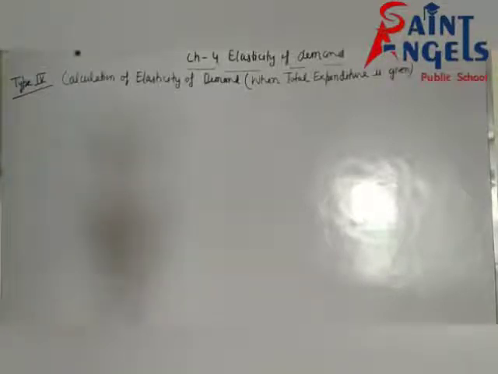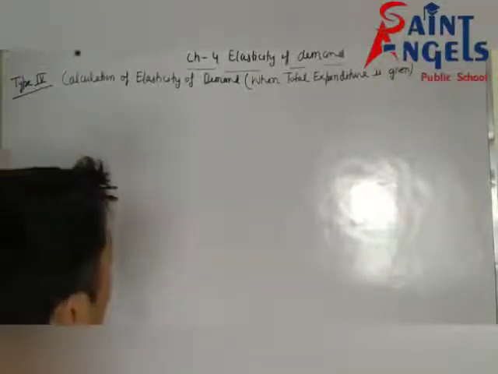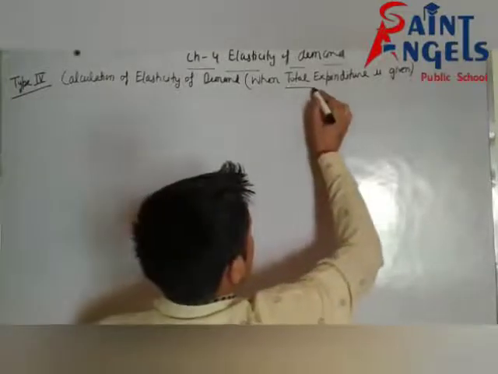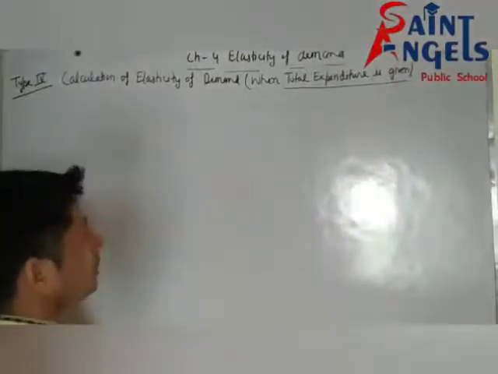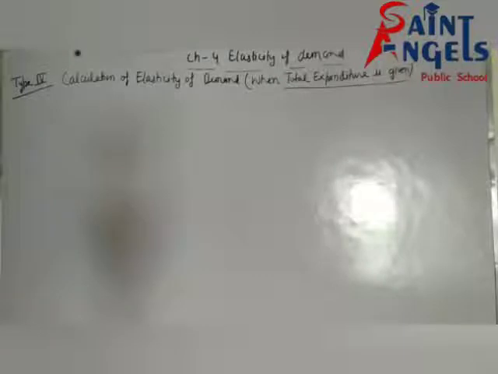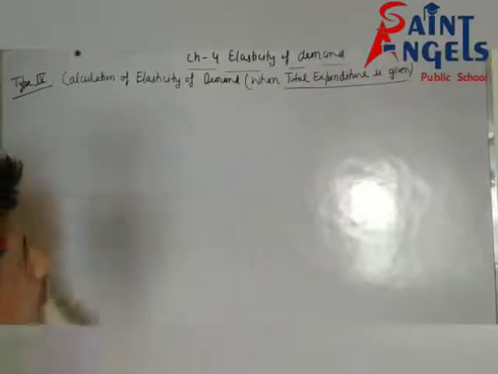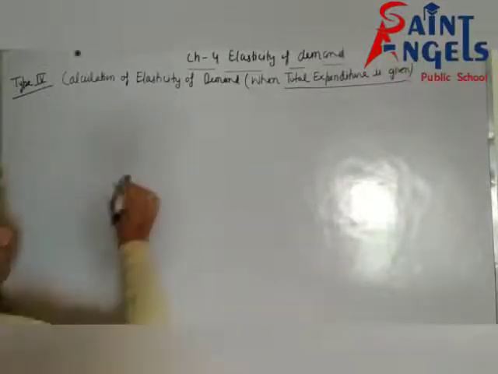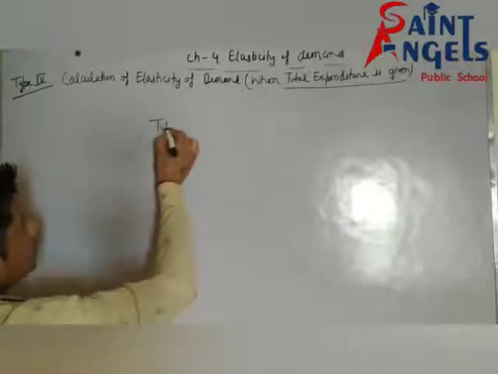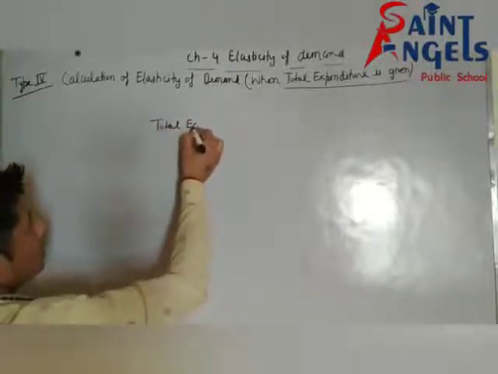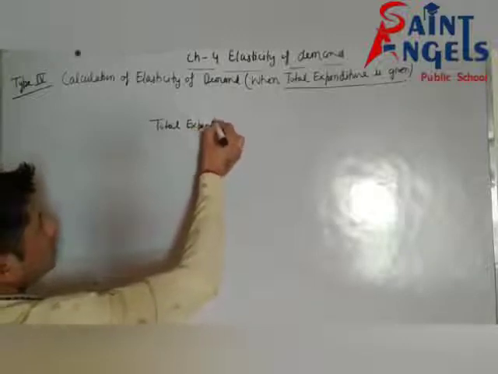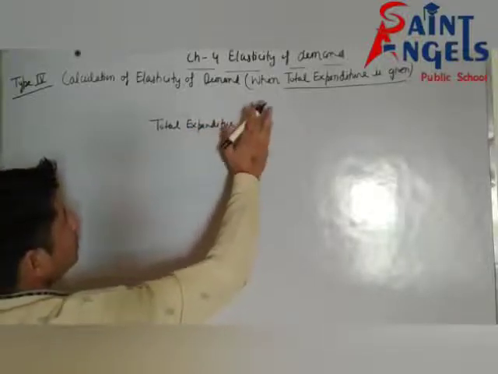See, type 4, calculation of elasticity of demand when total expenditure is given. First of all we will discuss the concept of total expenditure. See, what is the formula of total expenditure?